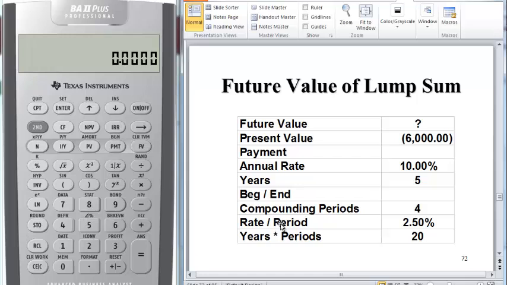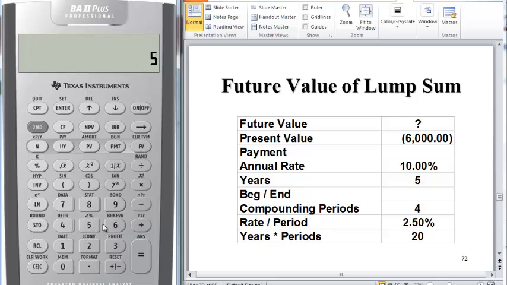So what is my rate per period? I need to take the 10% and divide that by 4. That is going to give me 2.50%. For my number of periods, I need to take the number of years and multiply that times compounding periods, which is going to be 5 times 4 or 20. So now I can use this with my time value of money calculator.